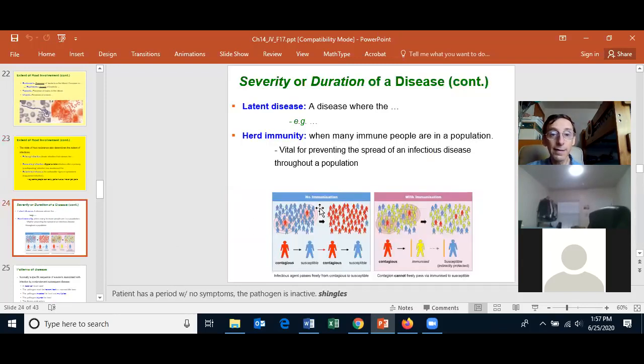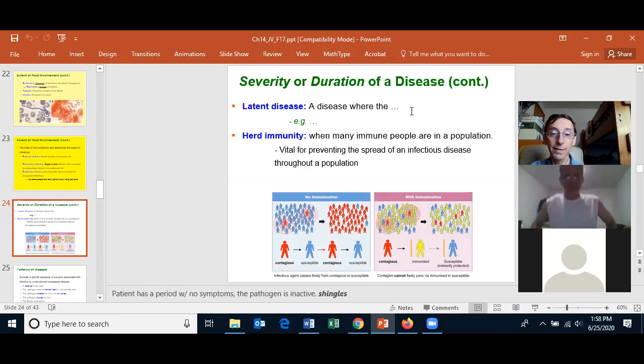A latent disease is where the disease first hits the patient, and then the patient goes latent, where they have no signs or symptoms. The pathogen is inactive while the patient is in the latent disease. And then later, the patient comes out with disease again, and the disease comes out of latency, causing disease.